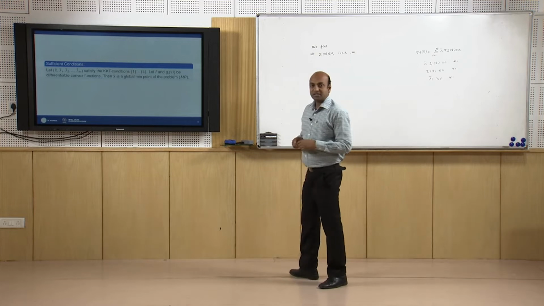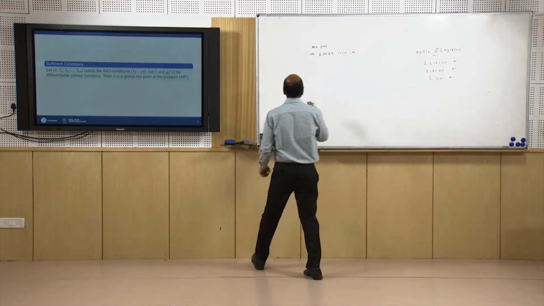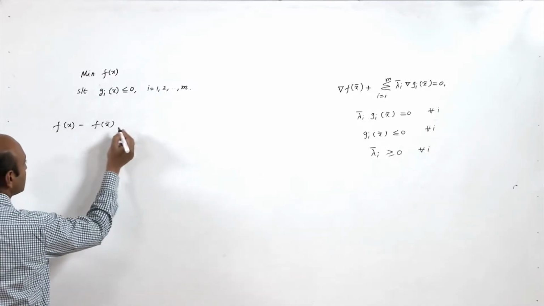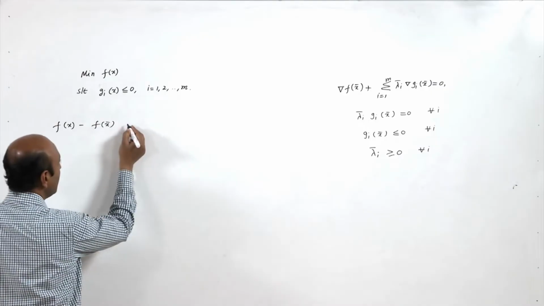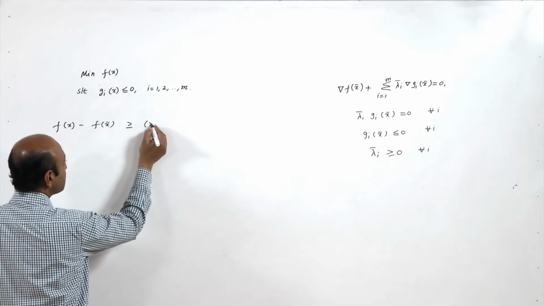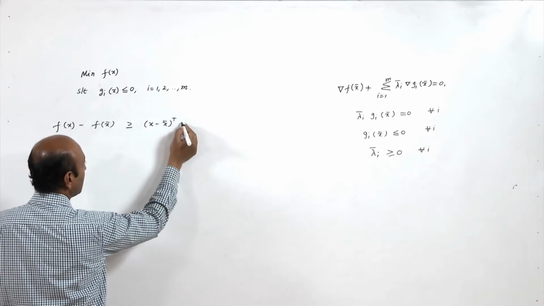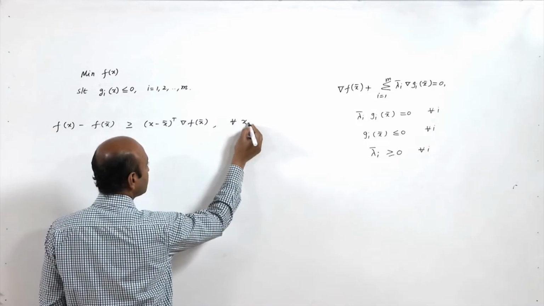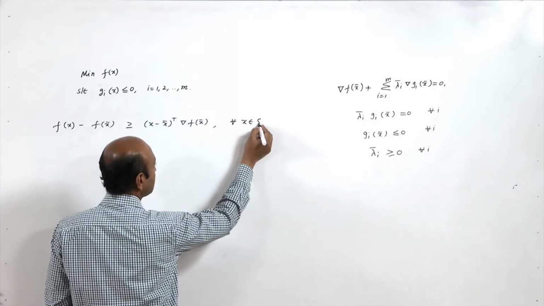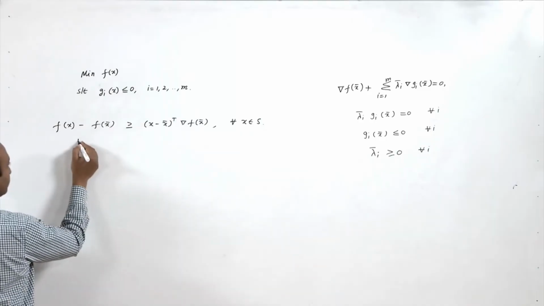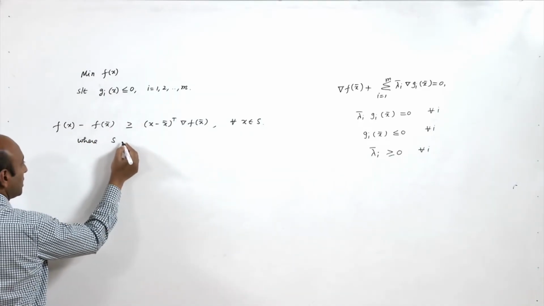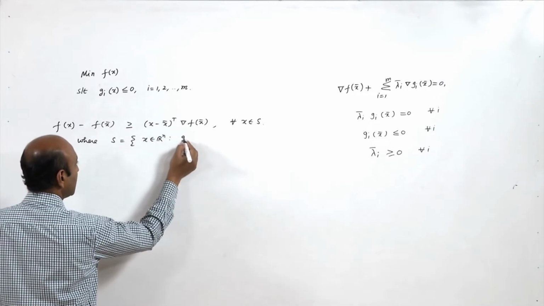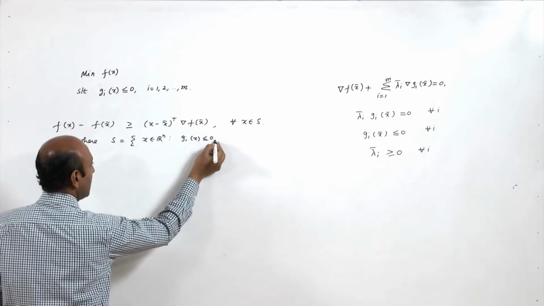Function f is a differentiable convex function. What does it mean? This means f(x) minus f(x bar) is greater than or equal to (x minus x bar) transpose gradient of f(x bar), and this must hold for all x belonging to S, where S is the set of all x belonging to R^n such that g_i(x) is less than or equal to 0, i from 1 to m.